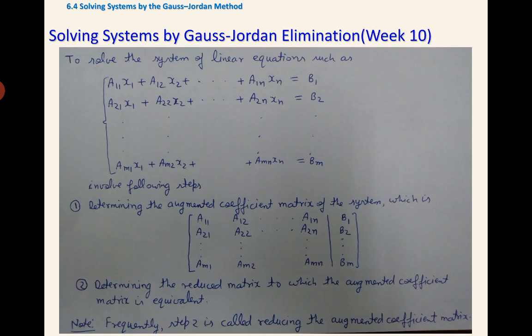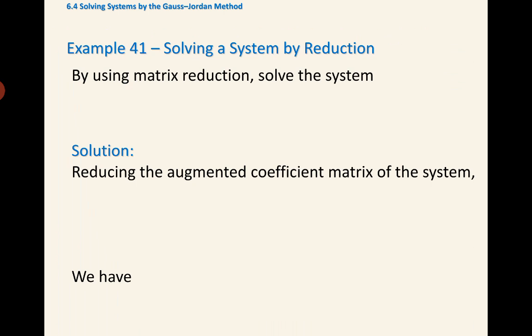So I'm giving a problem here: 2x plus 3y is equal to -1, x plus y is equal to 5, x plus y is equal to 1. So there are three equations simultaneously given in two variables, x and y.